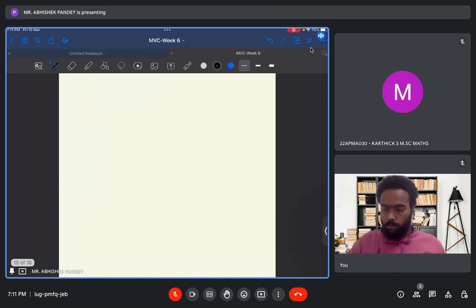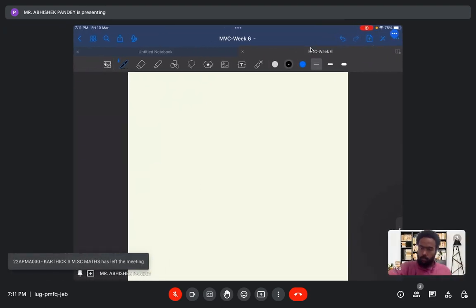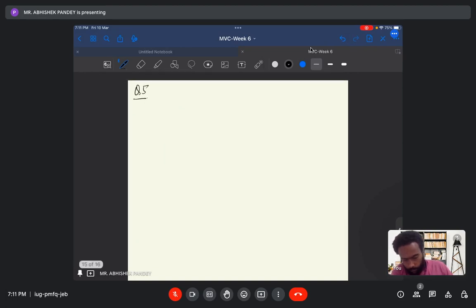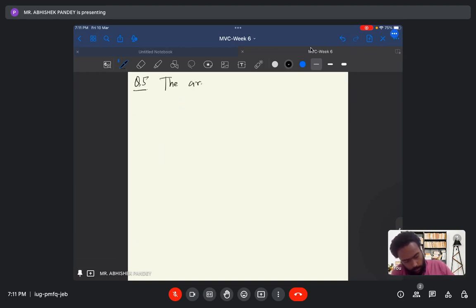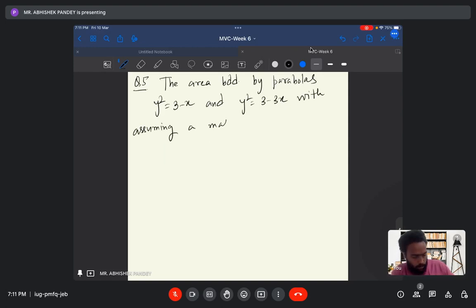Okay, now we'll solve the assignment problems. Question number 5: the area bounded by the parabolas y square equals 3 minus x and y square equals 3 minus 3x, assuming a mass density rho of x comma y equals y square, we have to find it.